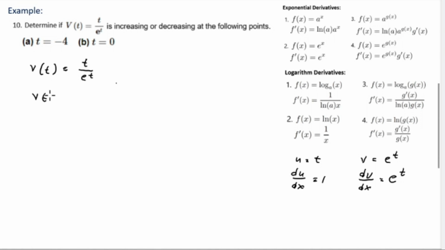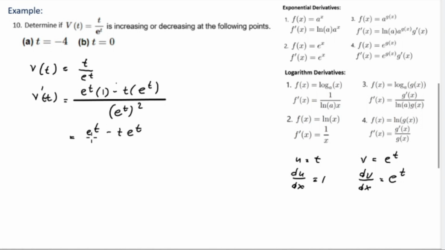Then substitute based on the formula for the quotient rule. So v of t prime is equal to e to the t multiplied by du over dx, which is 1, minus u, which is t, times the derivative dv over dx, which is e to the t, divided by e to the t squared. We simplify: e to the t minus t e to the t, all over e to the t squared.